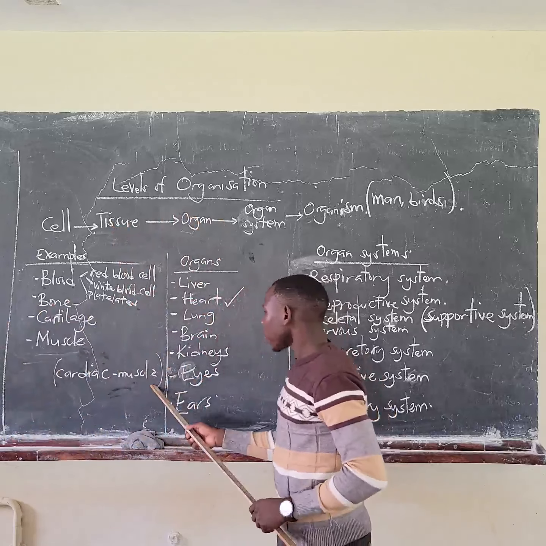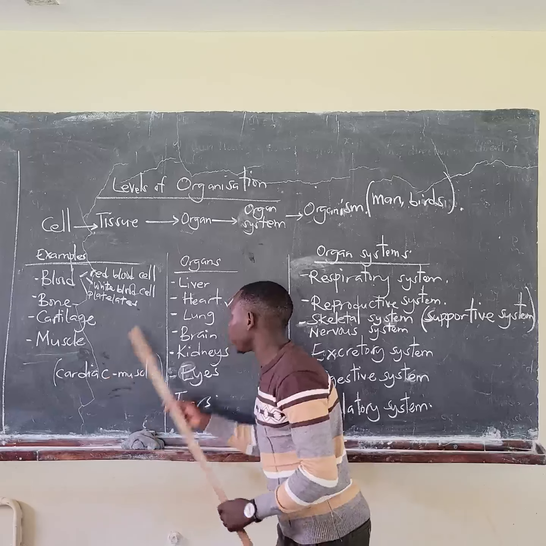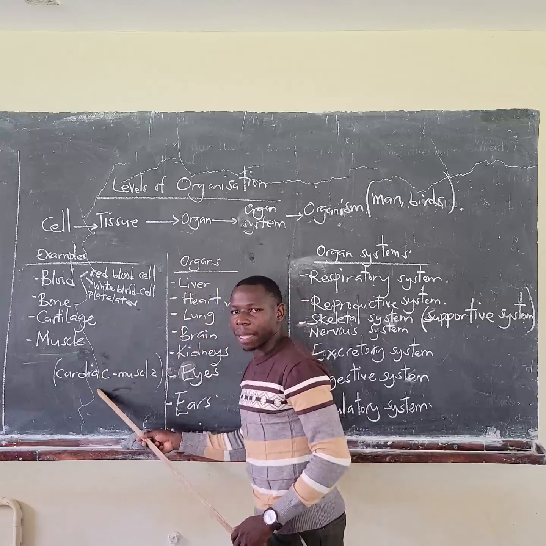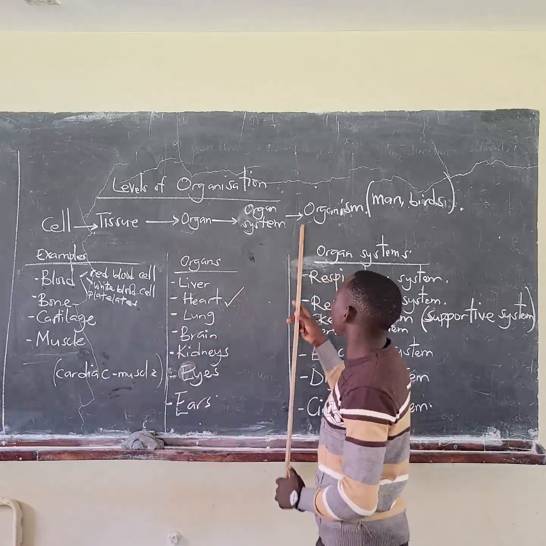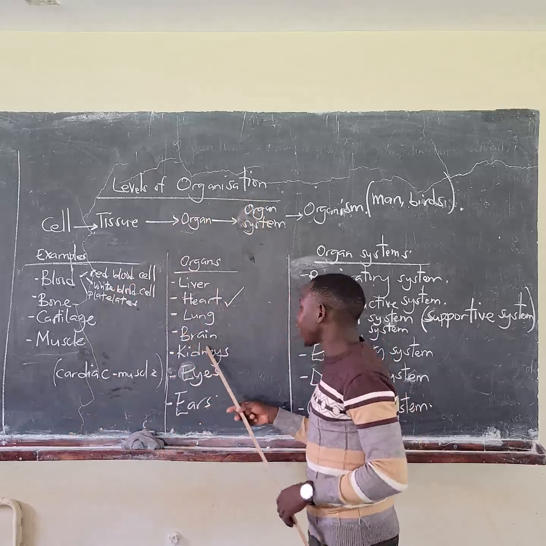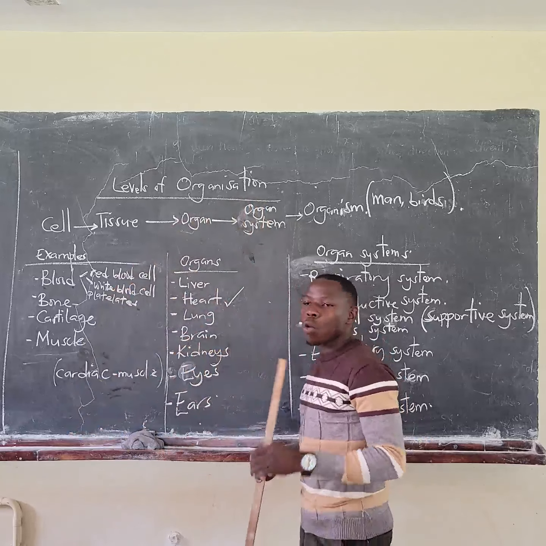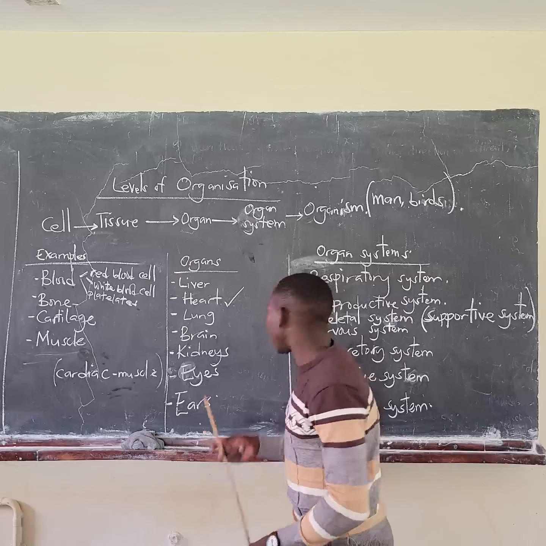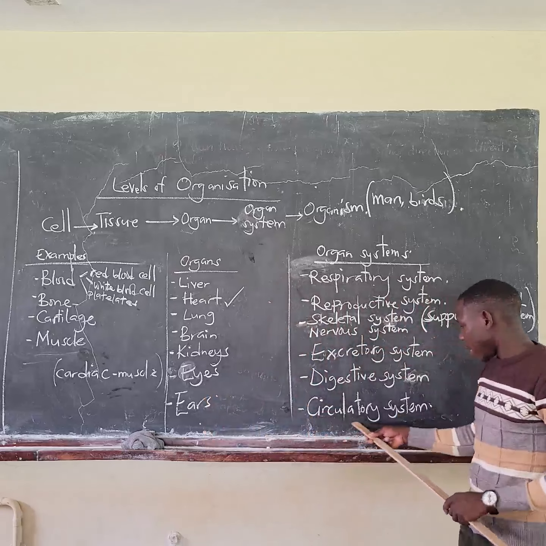Now, this organ which has been formed, the heart, from the tissue which is cardiac muscle, is going to belong to a certain organ system. For this one, to which system of your body does the heart belong? That is the circulatory system.